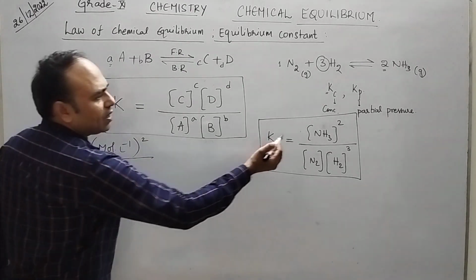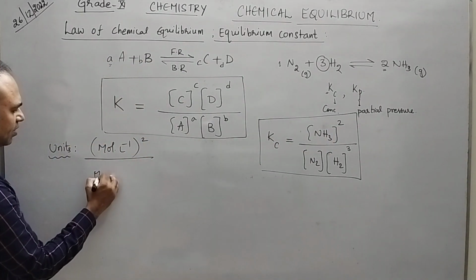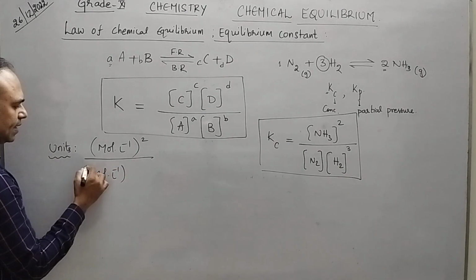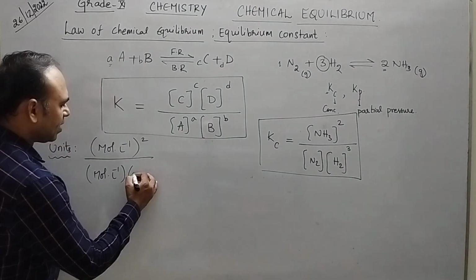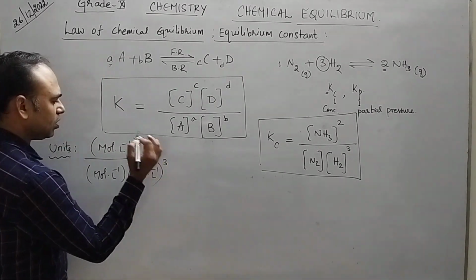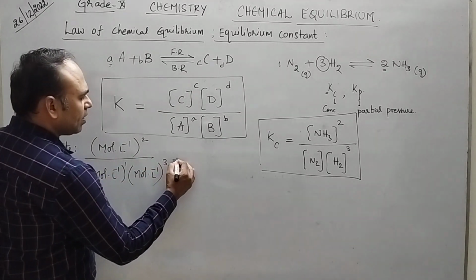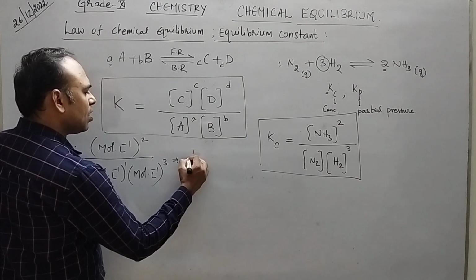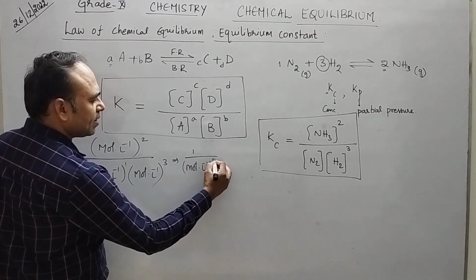I have written here, you have square, hence I have written square, divided by N2 concentration, which is again mole per liter, and here concentration to the power of 3, we can write it as mole per liter whole cube. Now here you are having 2, here you are having 4, so hence we can cancel this and write it as 1 by mole to the power of liter square.